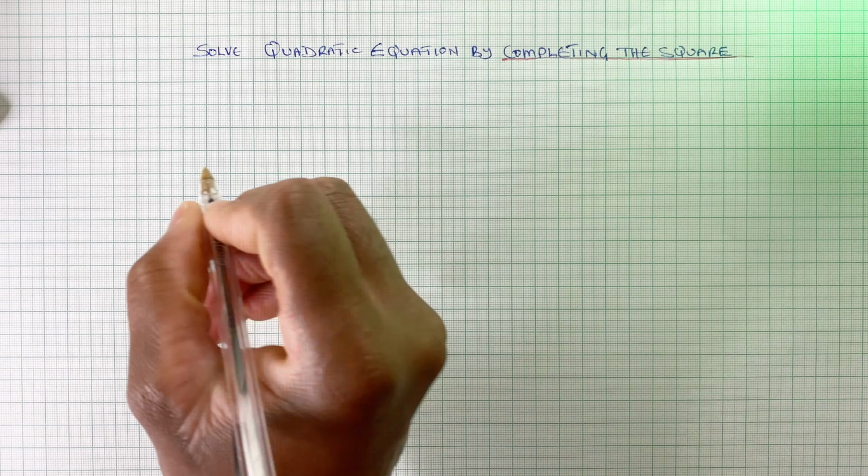We can find those roots by equating the completed square to 0, and then we can solve for x and find the roots. So there will be 2 roots because the degree of the polynomial is 2.